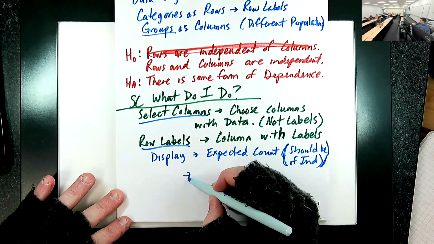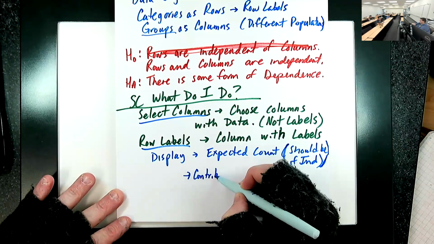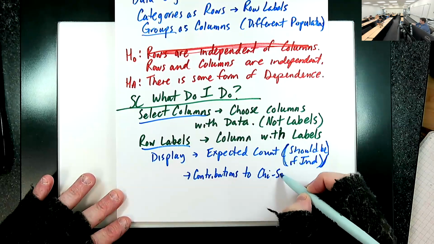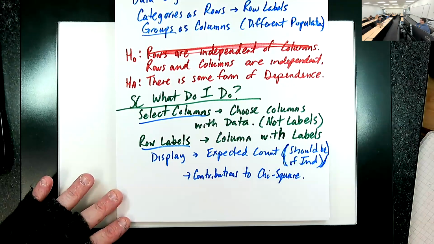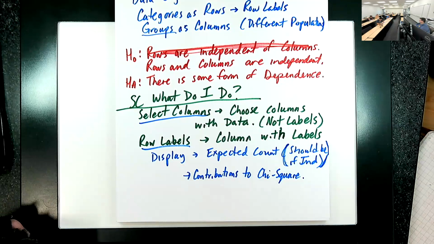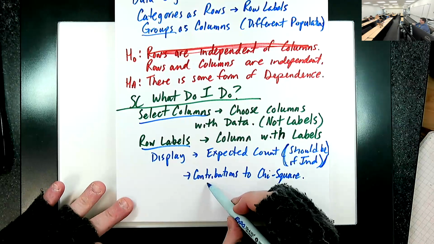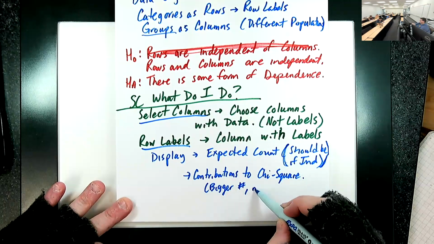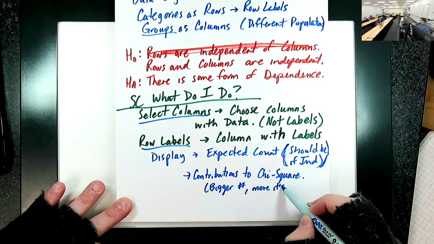Another cool one is the contributions to chi-squared. Here, the bigger the number in parentheses, the more it's affecting the outcome.